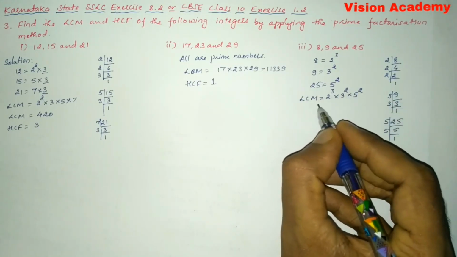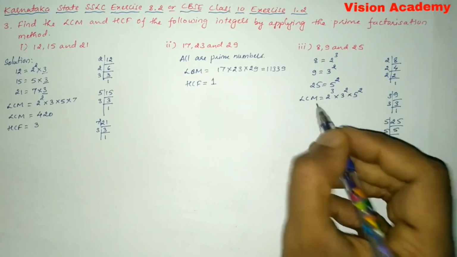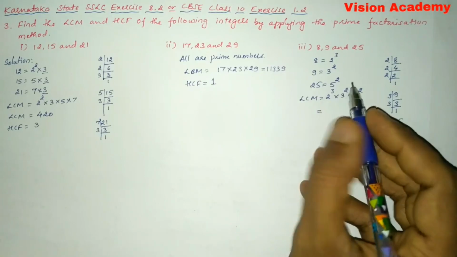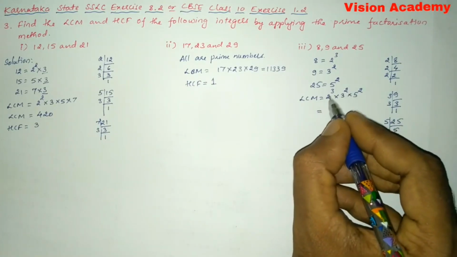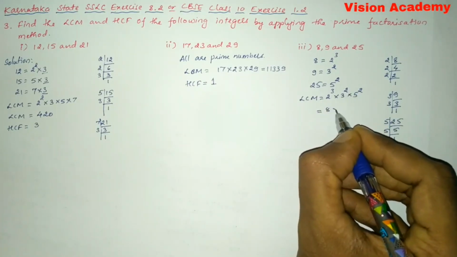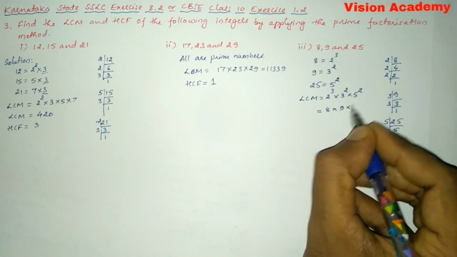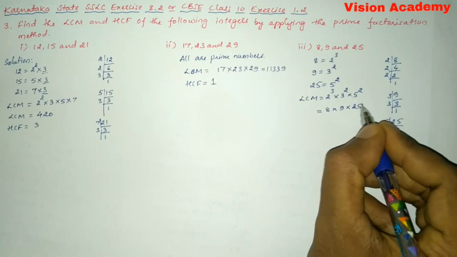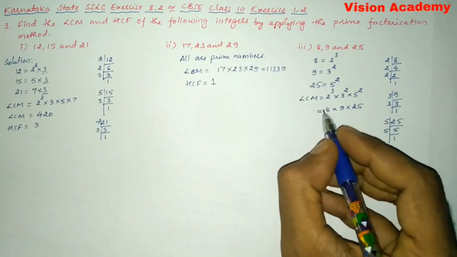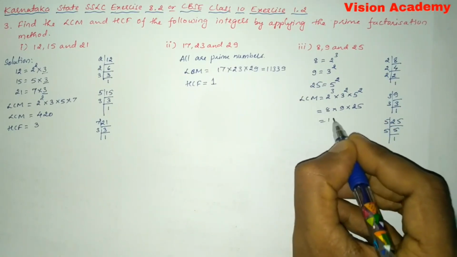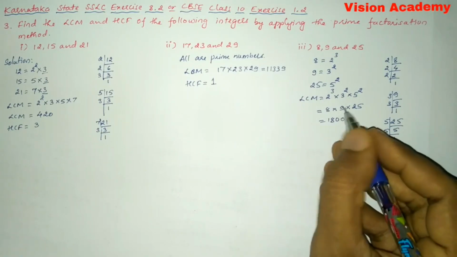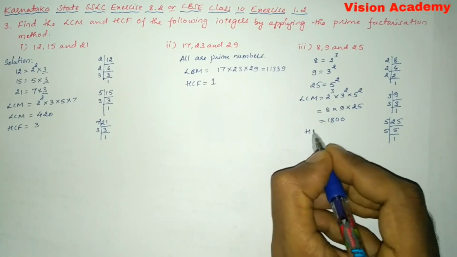So the LCM definition says the product of all the highest powers of prime factors. 2 to the power 3 is 8, into 3 to the power 2, 3 threes are 9, into 5 squared, 5 fives are 25. So here this gives us 1800.